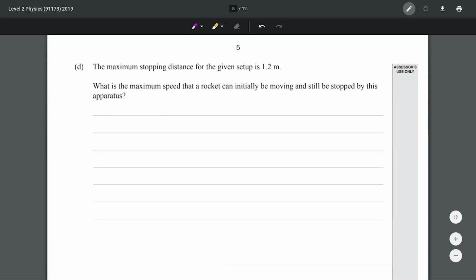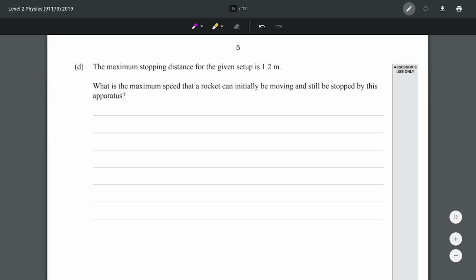The maximum stopping distance for the given setup is 1.2 meters. What is the maximum speed that a rocket can initially be moving and still be stopped by this apparatus? So this is essentially taking the relationship that we had to explore in, I think it was B, and making us plug numbers into that particular scenario.